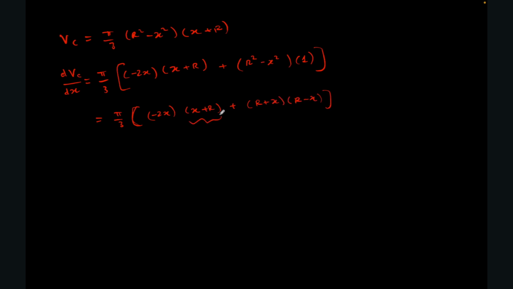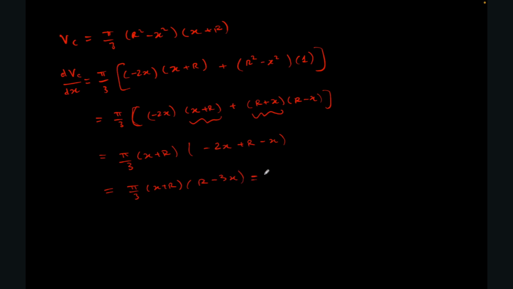I can factor out this (x + R) outside, and I'm going to have π/3 times (x + R) times [−2x + R − x], which gives (x + R)(R − 3x).